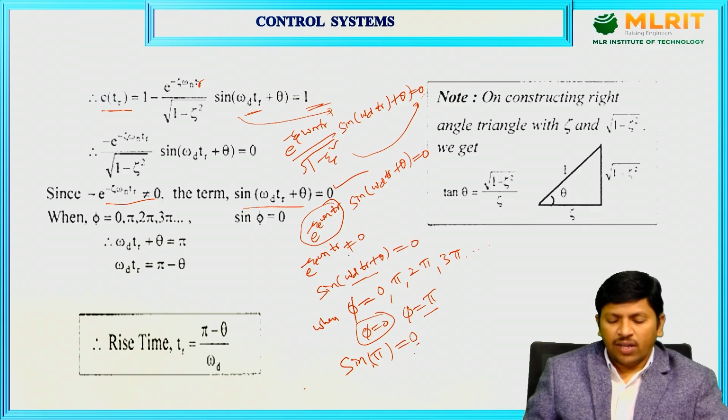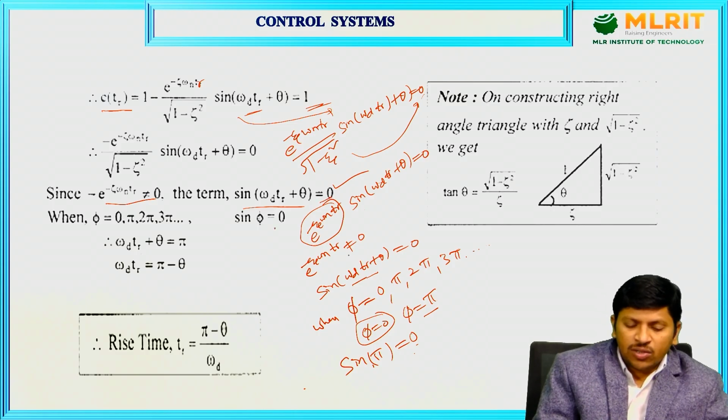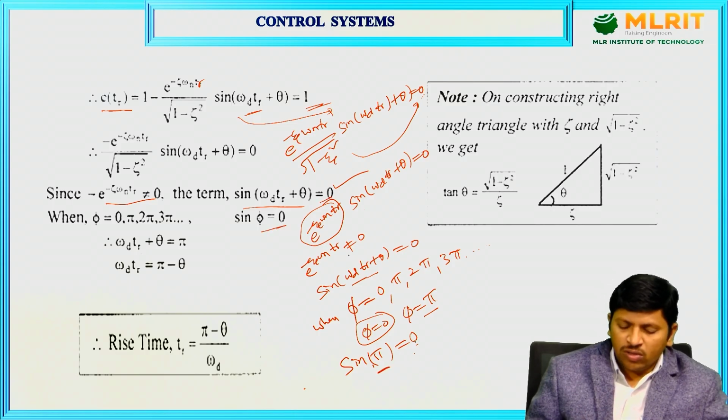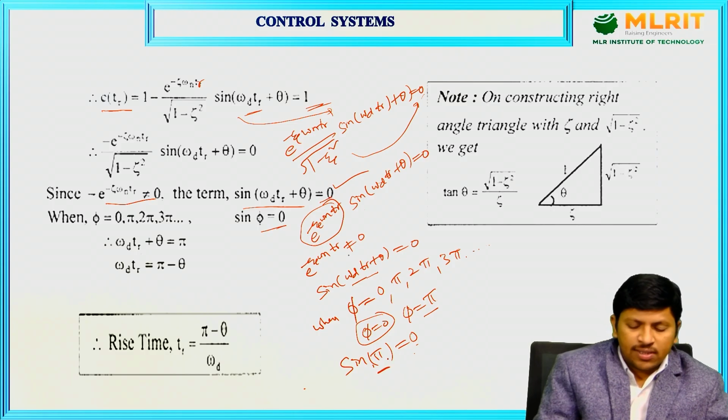So sine phi equating to 0, and in place of 0 I am going to write sine pi.